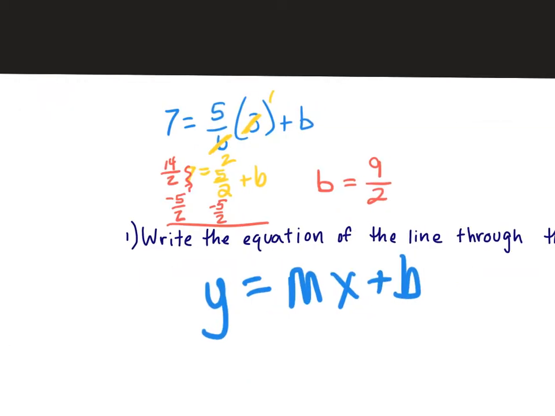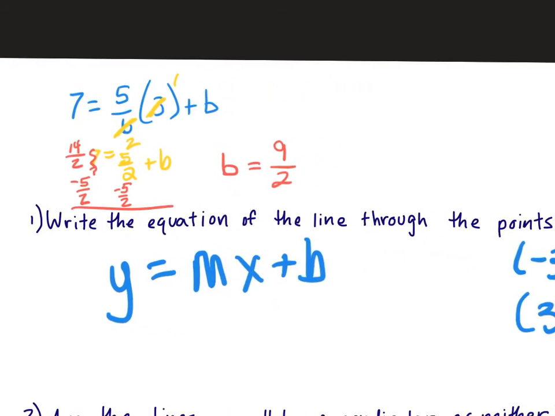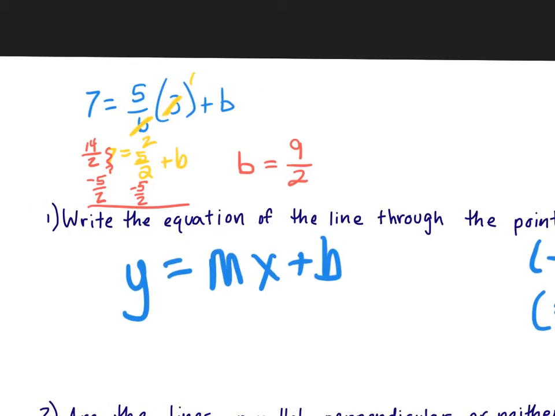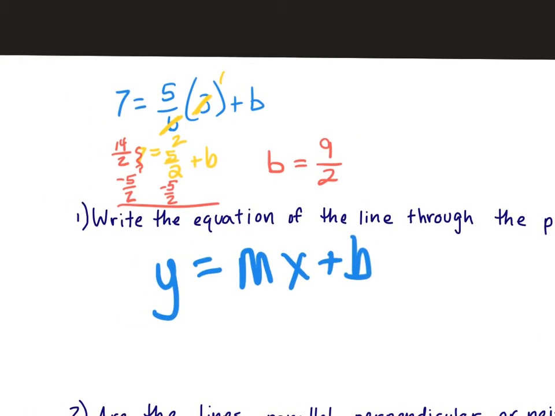But why did you use 7 and not 2? Why did I use 7 and not 2? What do you mean? Where it says 7 equals 5/6. Like here? Yeah. Okay, so I solved right here. I said 7 equals 5/6 times 3 plus b.